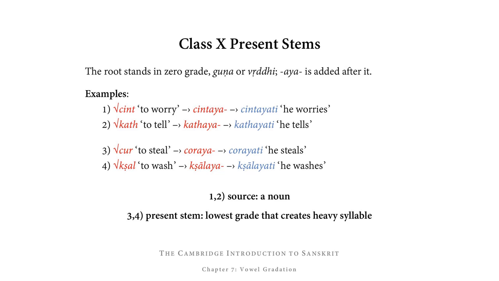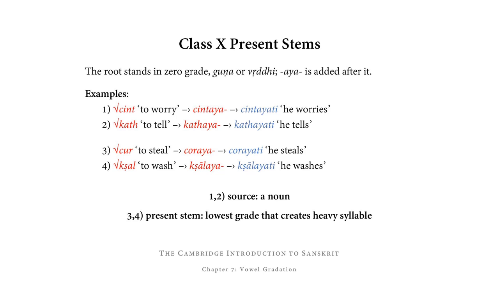Understanding vowel gradation also lets us introduce class 10 verbs, because class 10 present stems actually have a lot more formal variation than the present tense stems that we've encountered so far. And this variation can be explained as the roots standing in zero grade, guna, or vriddhi in a class 10 present stem, and then to this root in zero grade, guna or vriddhi, aya is added.